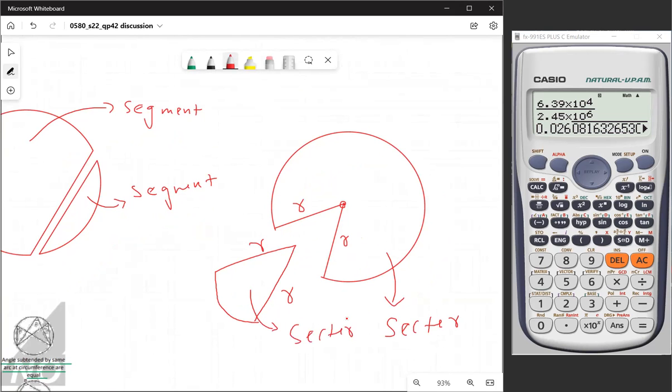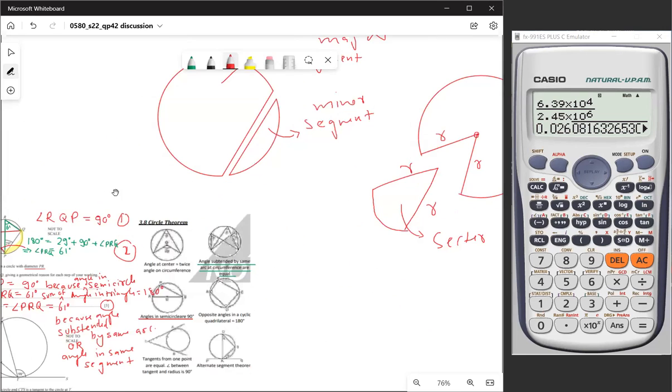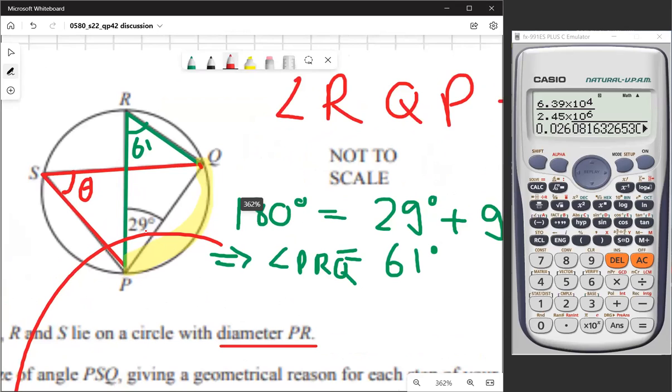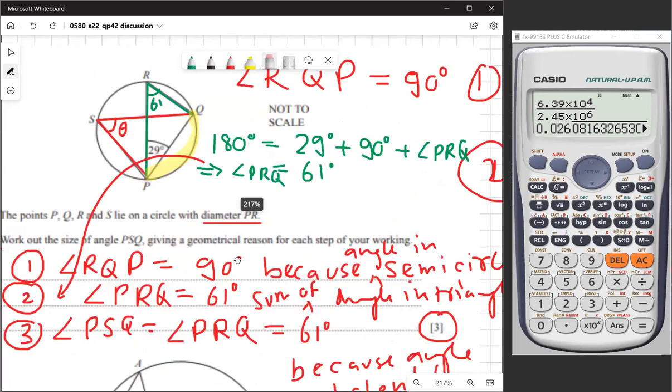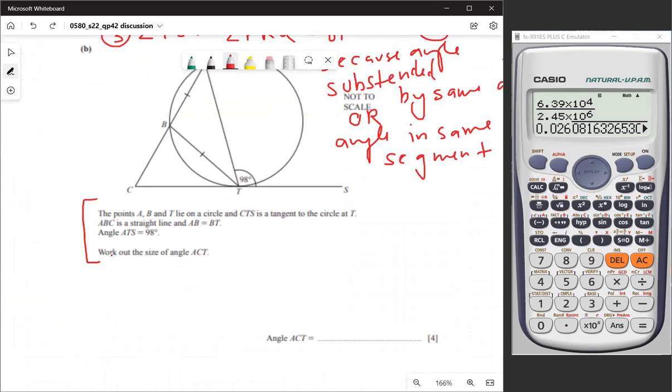The bigger one is called the major sector, the smaller is called the minor sector. So why are these the same? Because they are in the same segment, right? Because they're made from a chord right here, and you divide it from here, they're in the same segment. Angle in same segment.